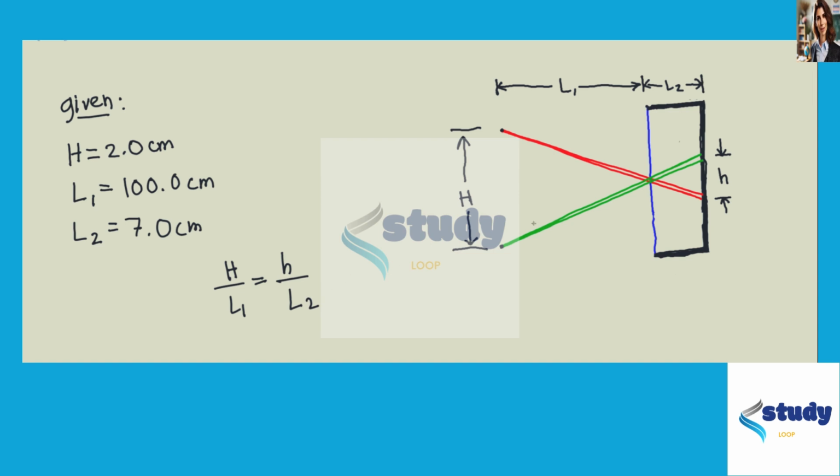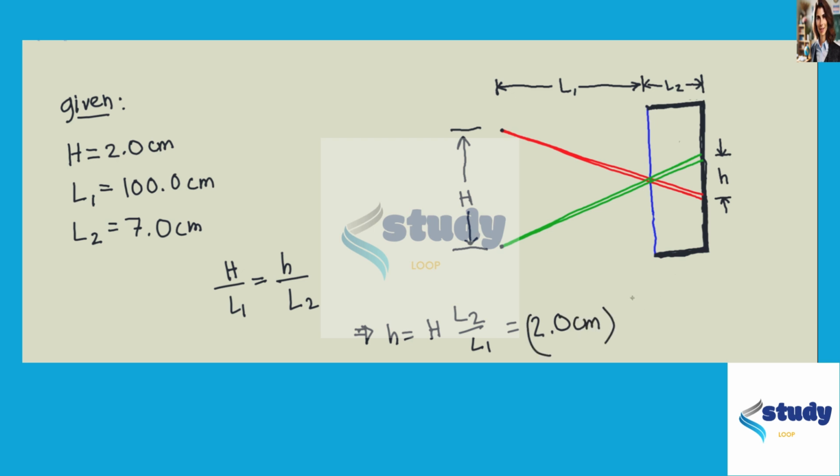Right. So from here we can find out the separation between the images, which is h, and we can write h as big H times L2 over L1. Let's plug in the numbers here and see what we get as the separation.